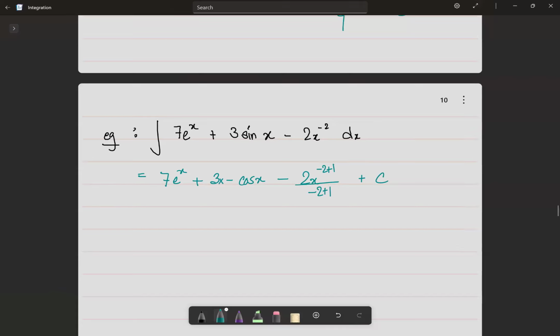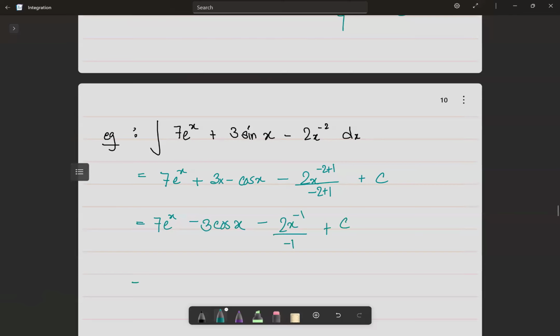So we get 7 e to the power of x minus 3 cos x. Then you have minus 2x to the power of minus 2 plus 1 gives you minus 1, divided by minus 2 plus 1 is minus 1, plus c.